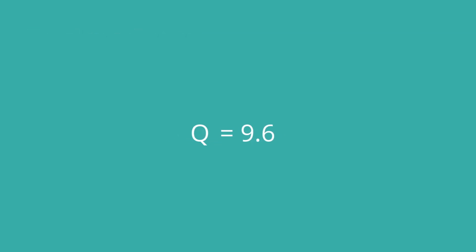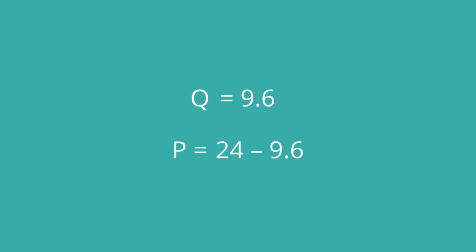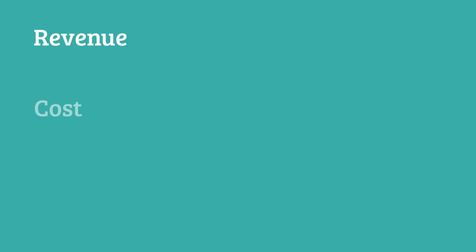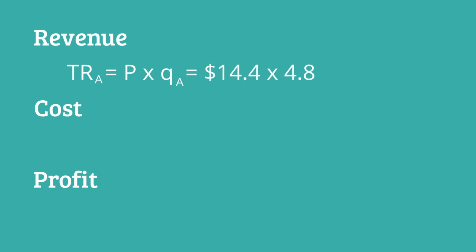As QA equals QB equals 4.8, the total market output is Q equals QA plus QB equals 9.6. Substituting Q equals 9.6 into the inverse demand, we have P equals 24 minus 9.6, P equals 14.4. Thus, the revenue, cost, and profit of firm A are TRA equals P times QA equals 14.4 times 4.8 equals $69.12.